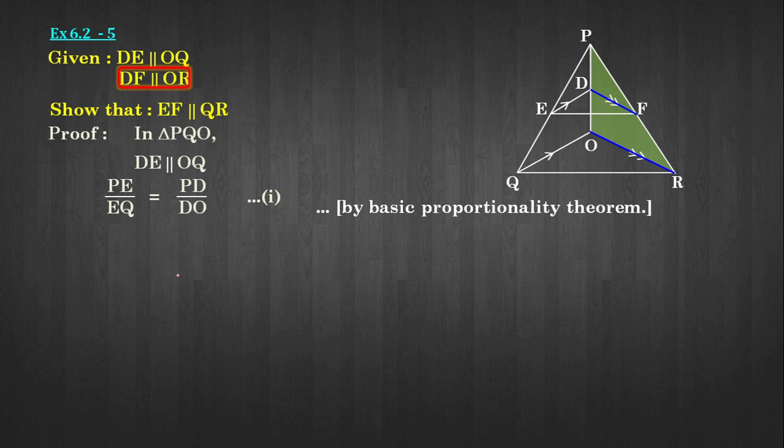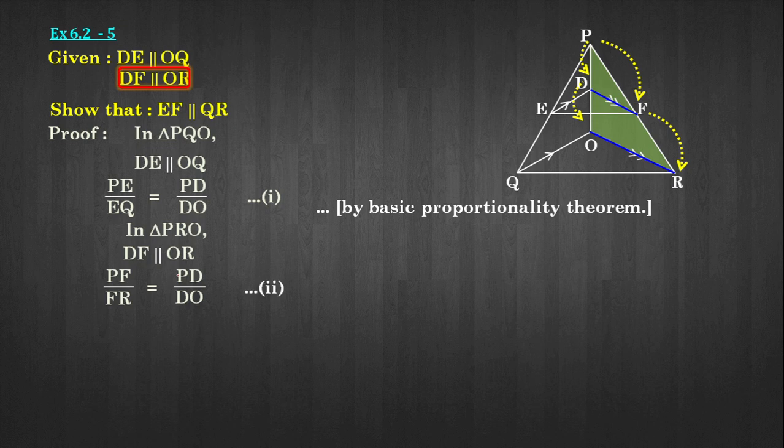then take the triangle POR. In the triangle POR, DF is parallel to OR, then PF divided by FR is equal to PD divided by DO, equation 2. Observe here, from the above equations, the right hand side part of both equations is what?